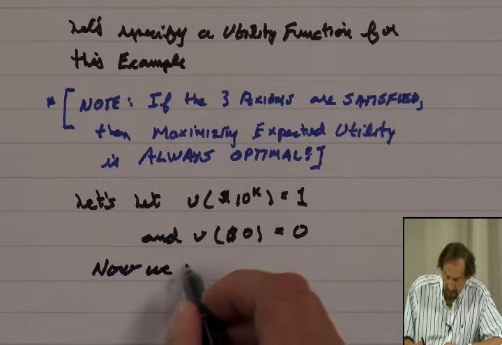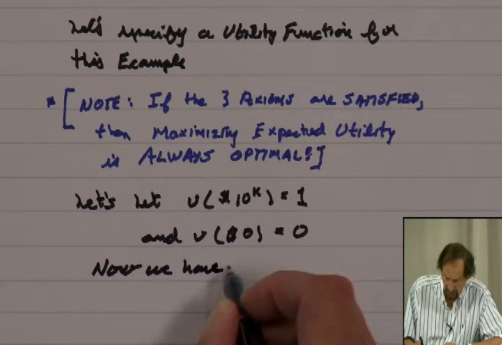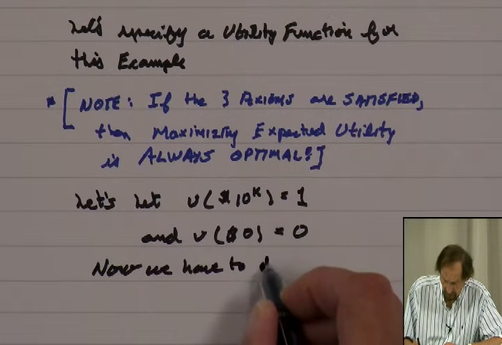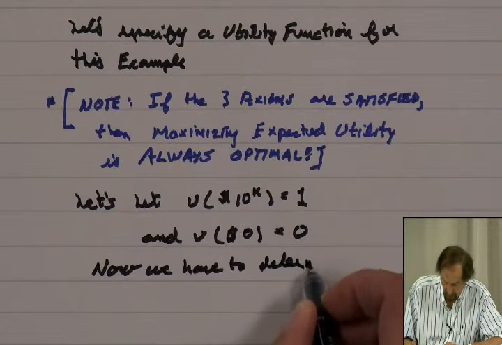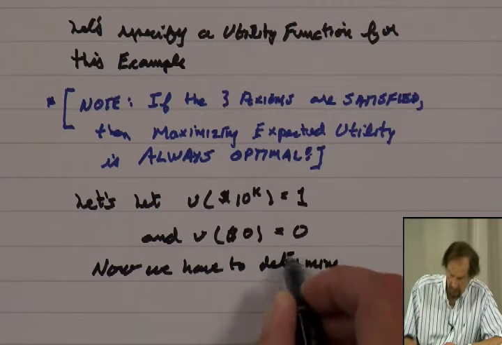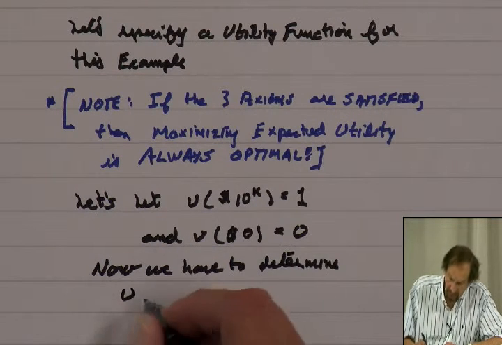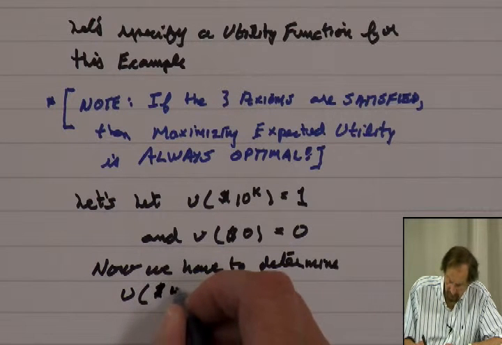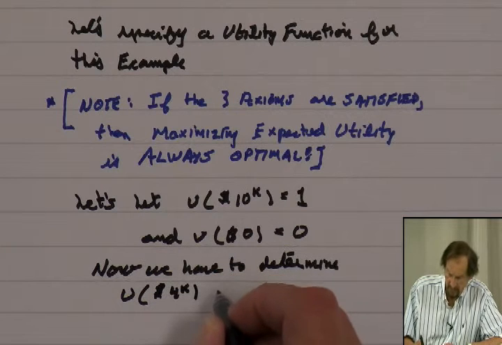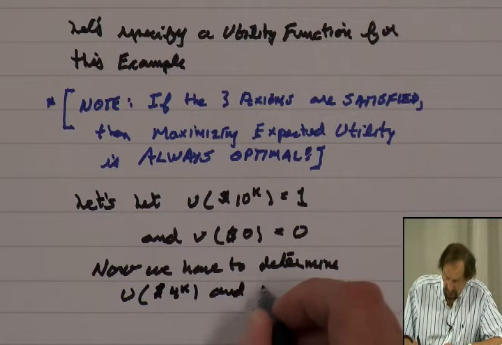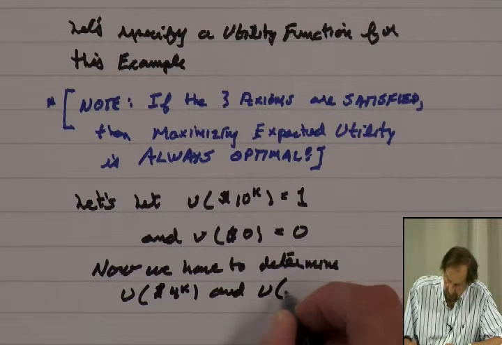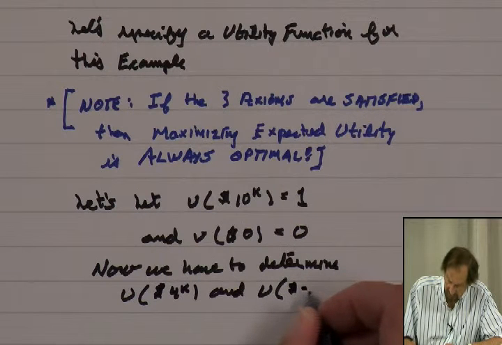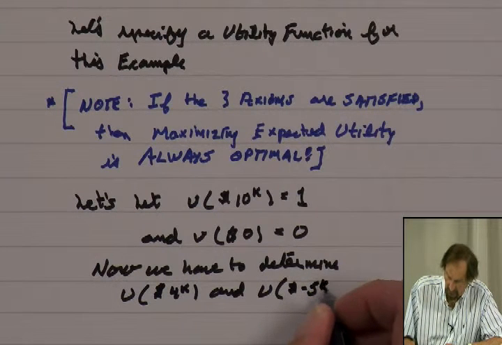Okay. Now, we have to determine the utility of $4,000 and the utility of minus $5,000.